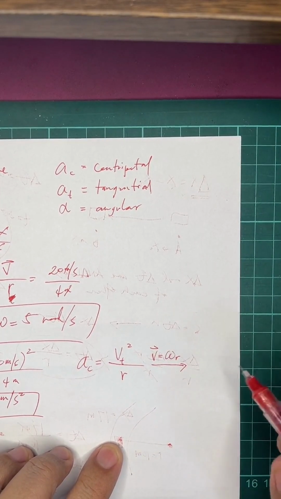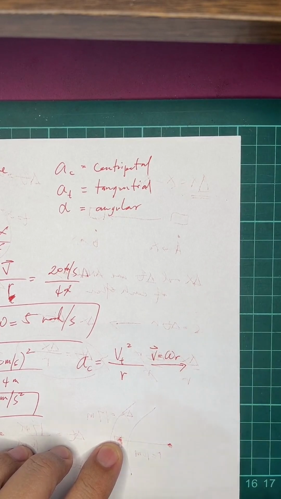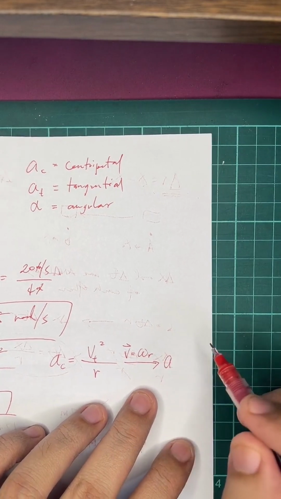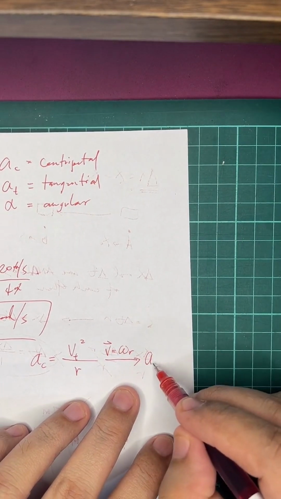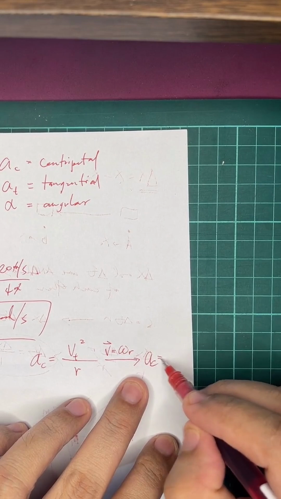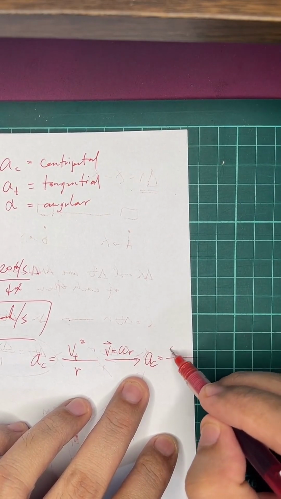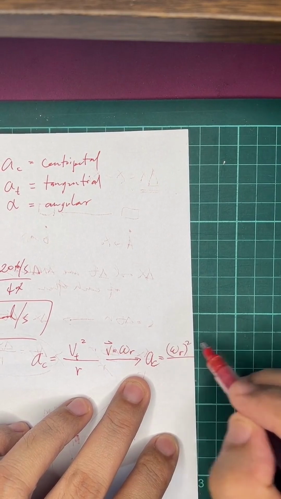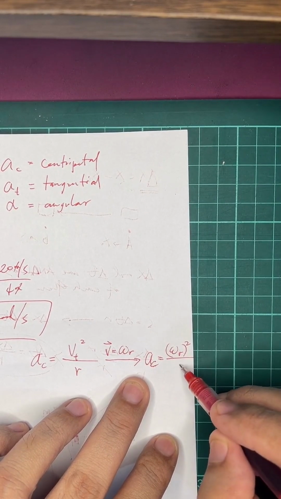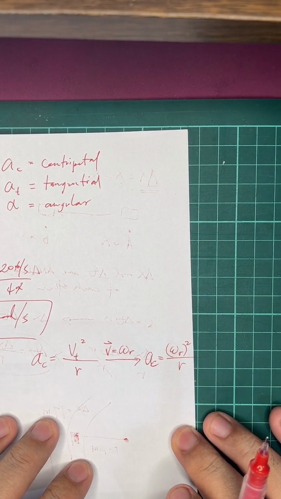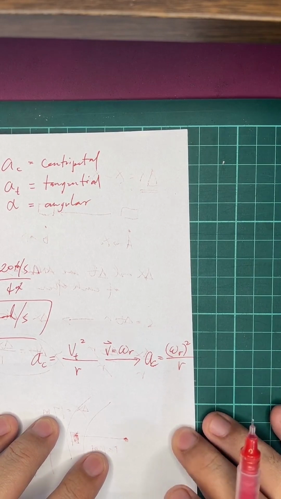So how would the equation look like? It would look something like this. A sub c equals omega r squared over r.